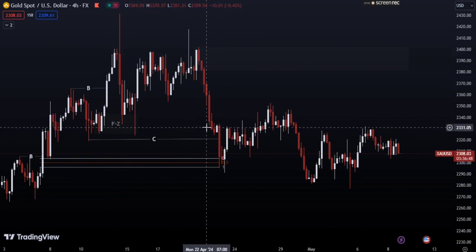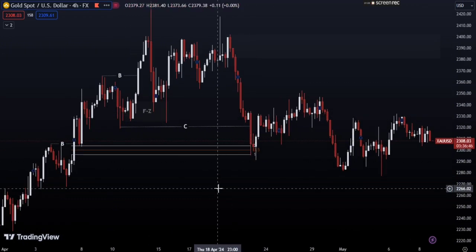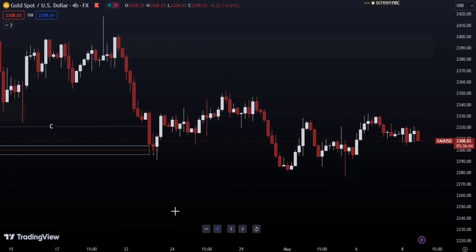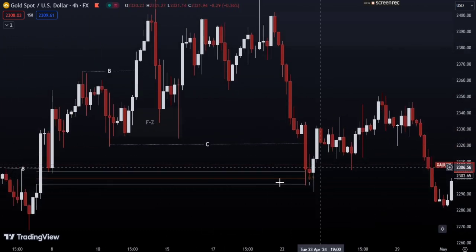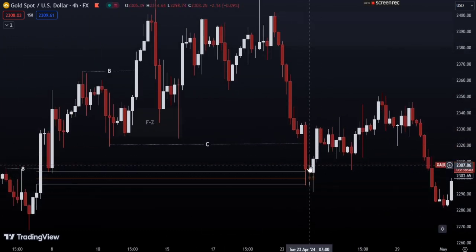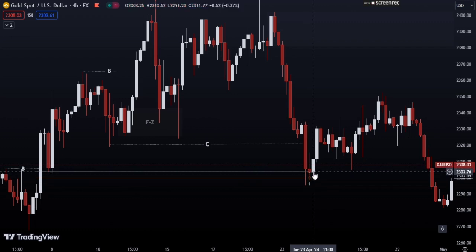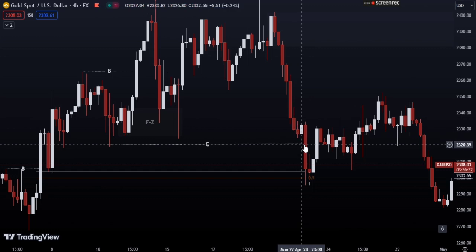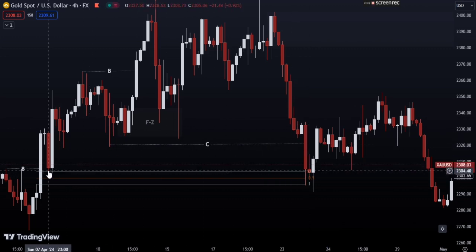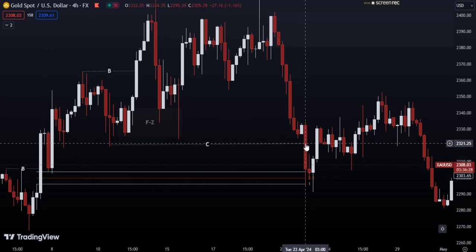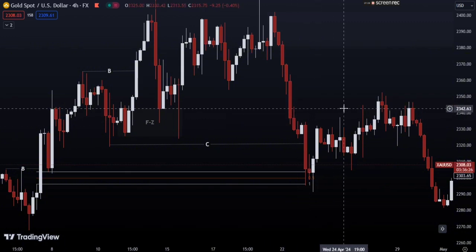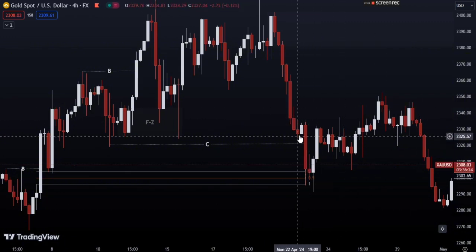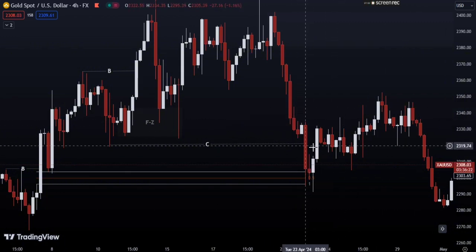So now we have this supply zone, and take into consideration that the price already has a candlestick before having this, which was targeting to close this last high pre-break, last low pre-break, last high pre-break. When the price marks down, drop base drop, it has the last high pre-break.